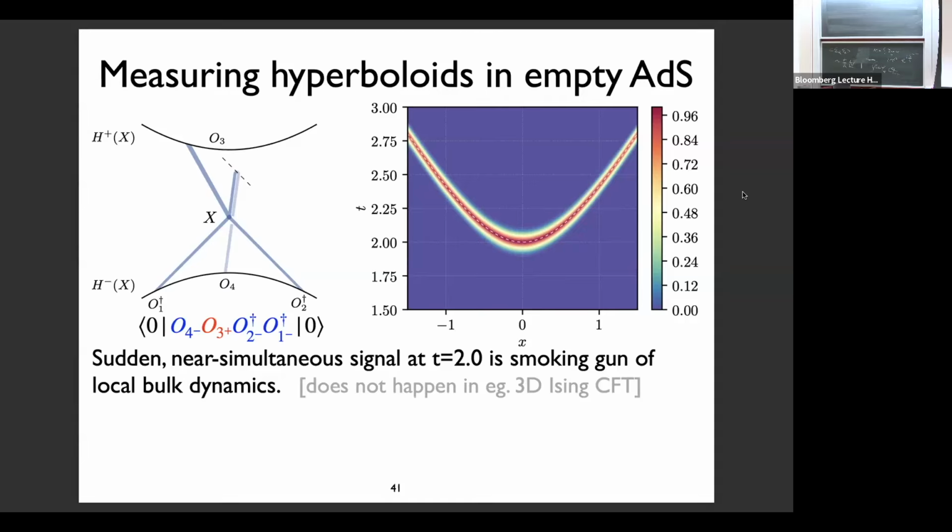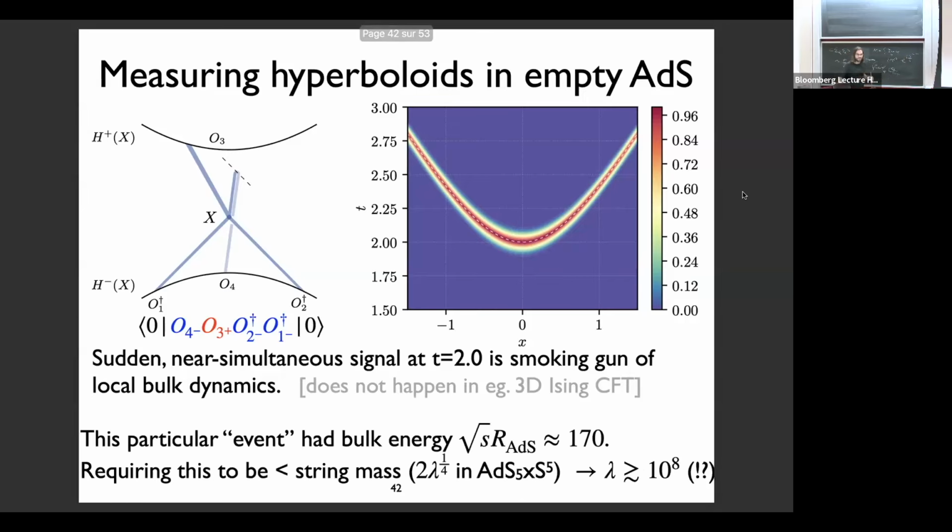It's not created dynamically inside the boundary. It really has to come from the bulk in order to look like the future lightcone of the bulk point. So if you measure this experimentally, you will be amazed. There's no boundary dynamics that can create a signal like this, because of the horizontal region in the middle.